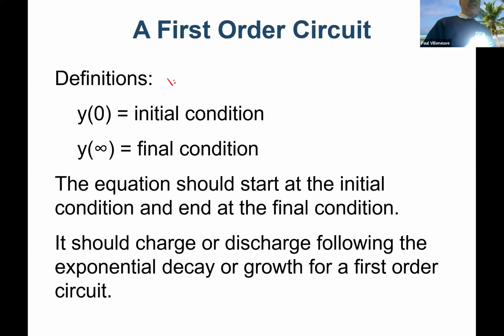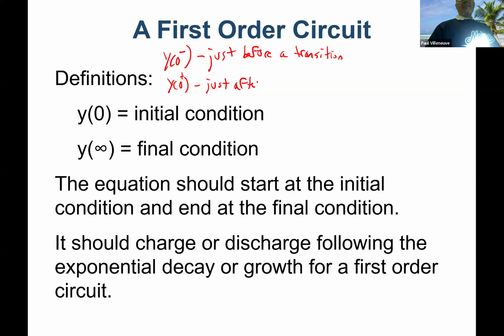And one thing I will add: we say y of 0 here, but we've got to define y of 0 a little bit, okay? There's a y of 0 plus and a y of 0 minus. The y of 0 minus is just before a transition, and the plus is just after a transition.